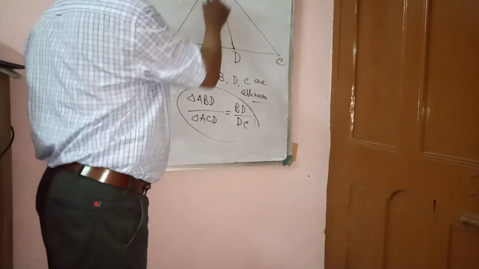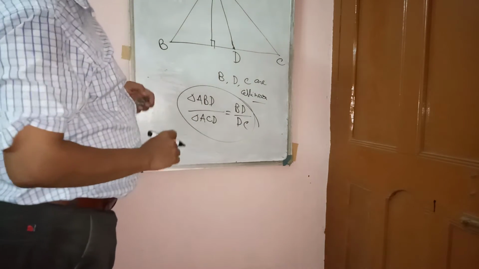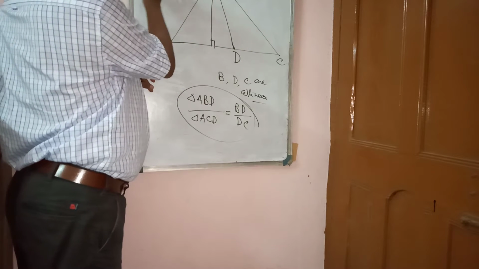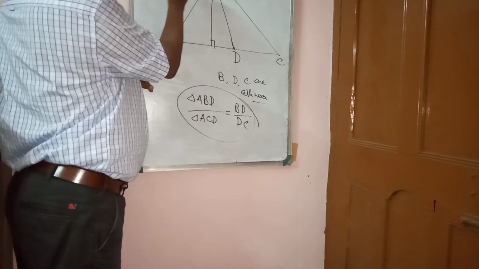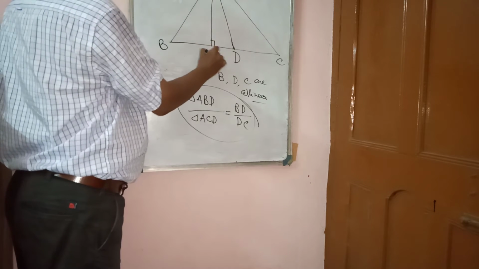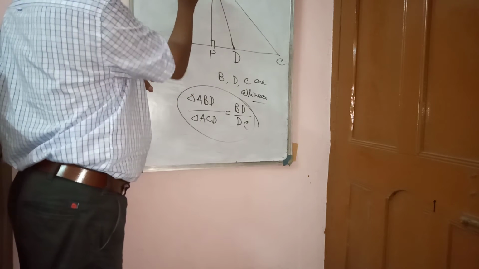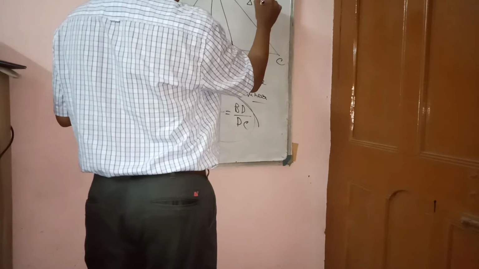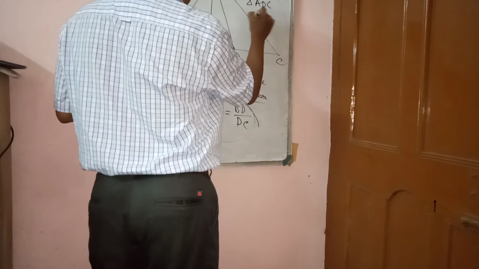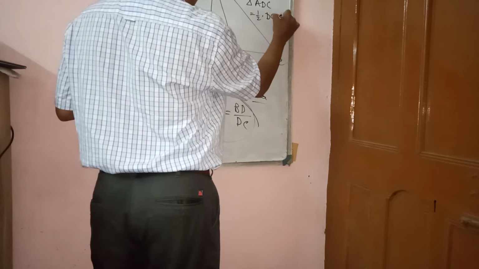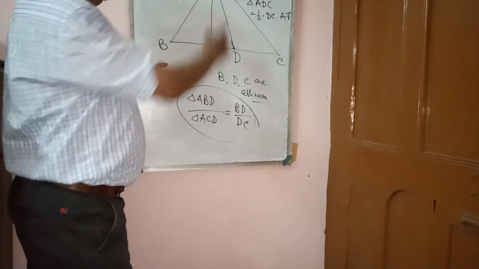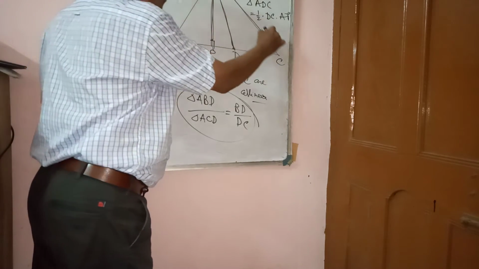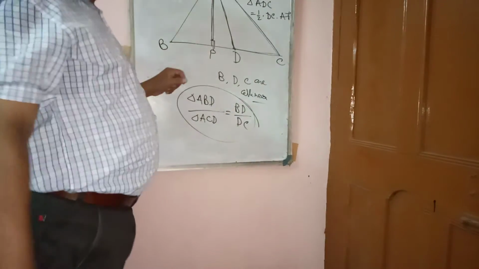See, suppose I am drawing here one perpendicular line. Okay, the perpendicular. See, so area of ABD is half base BD and height, suppose this is P, that is AP height. Similarly area of the triangle ADC is half base DC, height also AP, no? See, this triangle height also AP.